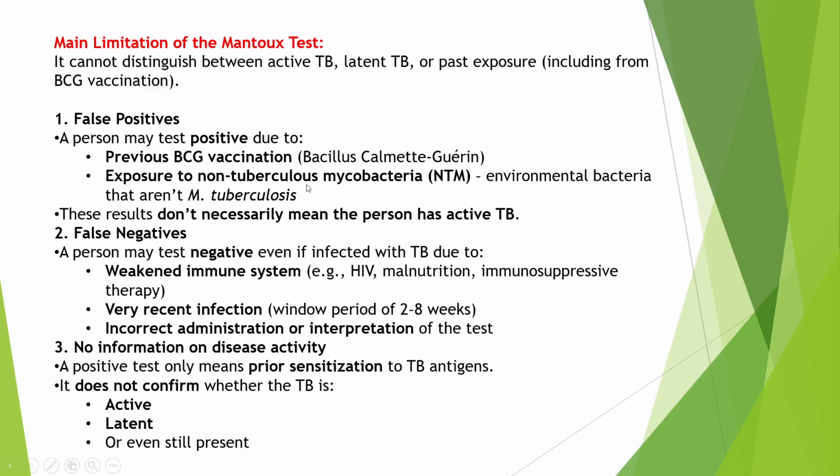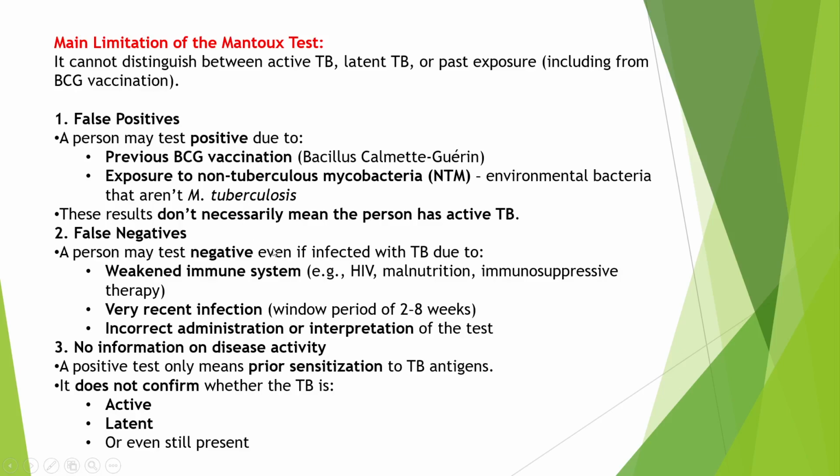The exposure to non-tuberculous mycobacteria can also give a positive, and environmental bacteria that aren't actually MTB. So these kinds of false positives can also result, and these results don't necessarily mean the person has an active TB. Then there are also chances of false negatives.